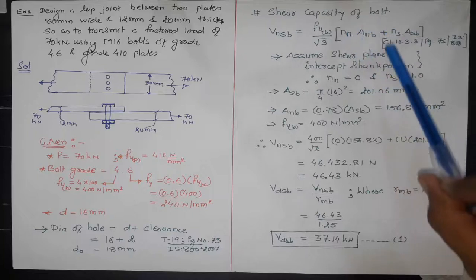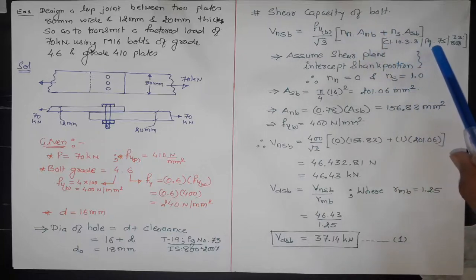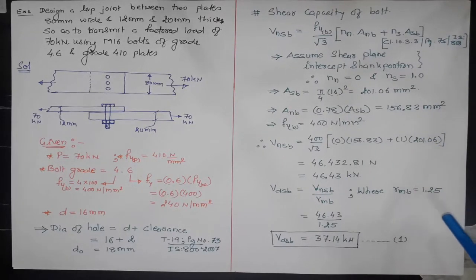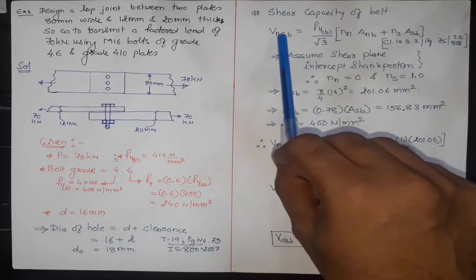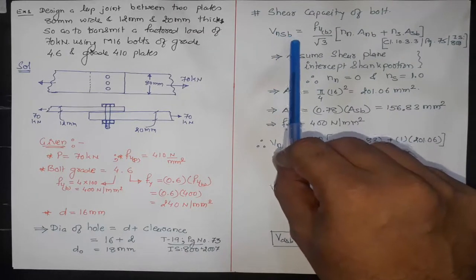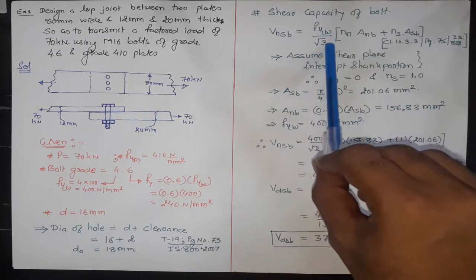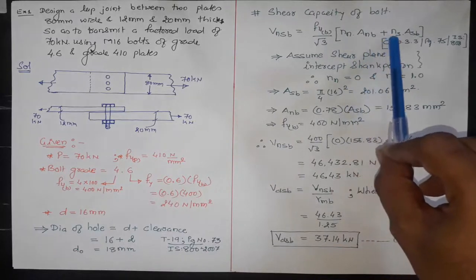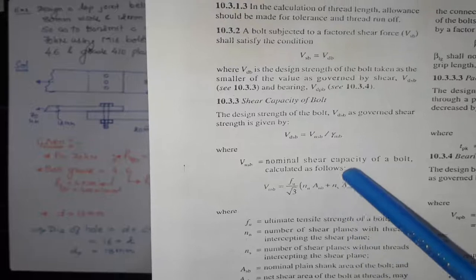The shear capacity of bolt is given in clause number 10.3.3 located on page number 75 of IS 800:2007. Here Vnsb, which represents nominal shear capacity of bolt, is equal to fub divided by root 3 into bracket nn into Anb plus ns into Asb. This is code IS 800.